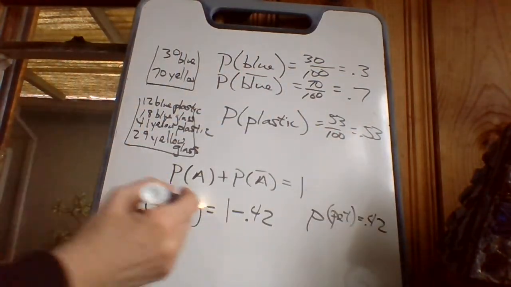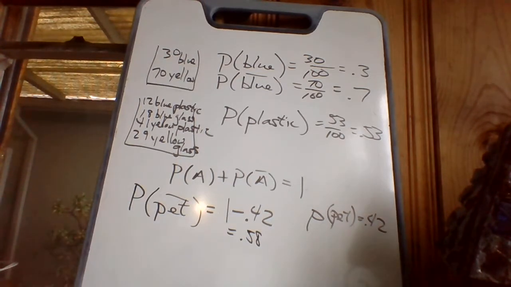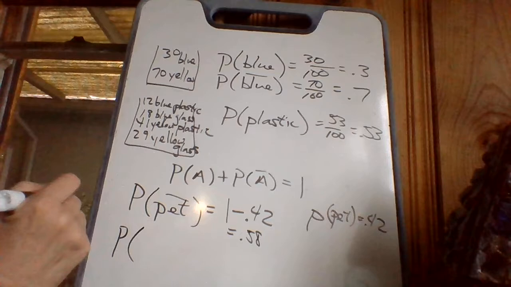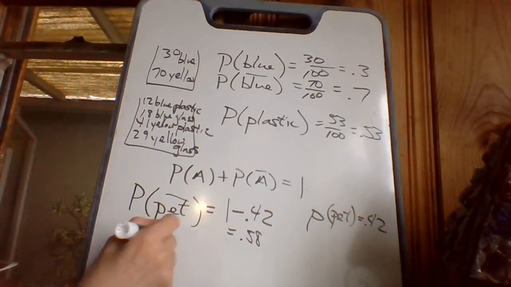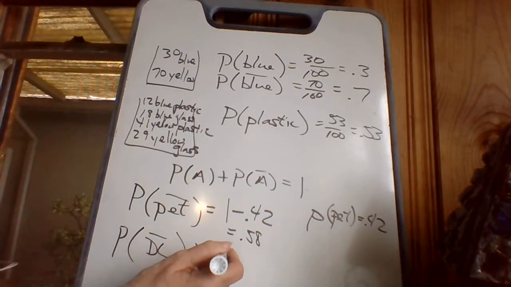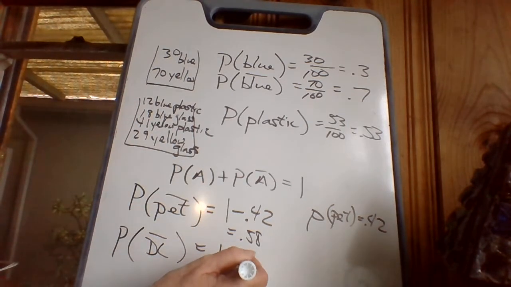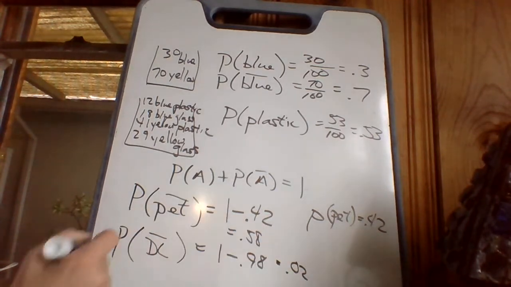And we're talking the probability of not pet. Probability of not having a driver's license. Okay, and it tells me that 98% have driver's licenses. Okay, so 1 minus 0.98, 0.02.